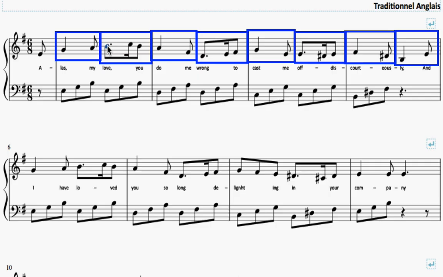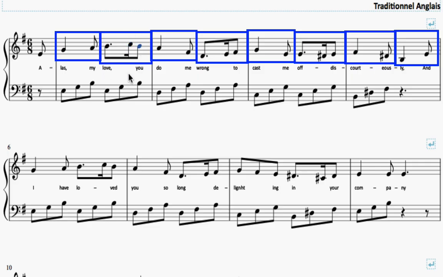So a dotted eighth note equals three sixteenth notes, plus one sixteenth note, and then plus one eighth note, because it's only got one stem coming off it. An eighth note is two sixteenth notes. So this is 3, plus 1 equals 4, plus 2 equals 6.